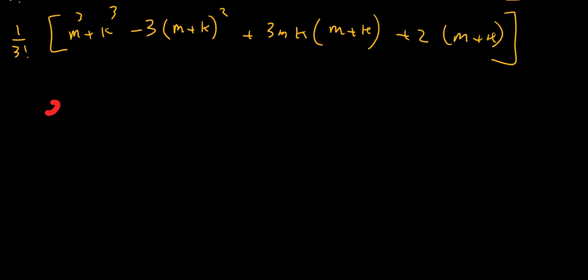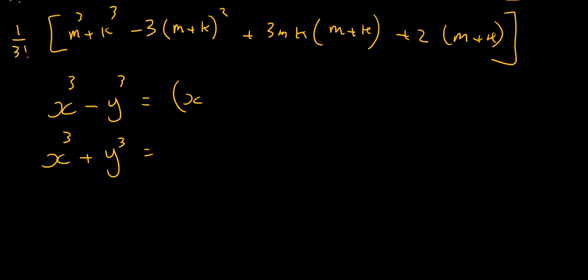If we get something like x cubed minus y cubed, this can be factored as x minus y, x squared plus y squared plus xy. If you expand that out, you will get the result.